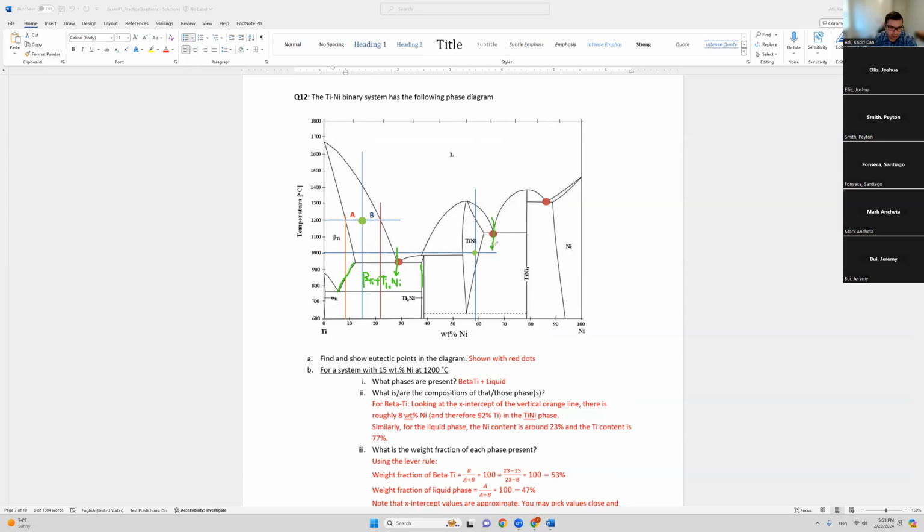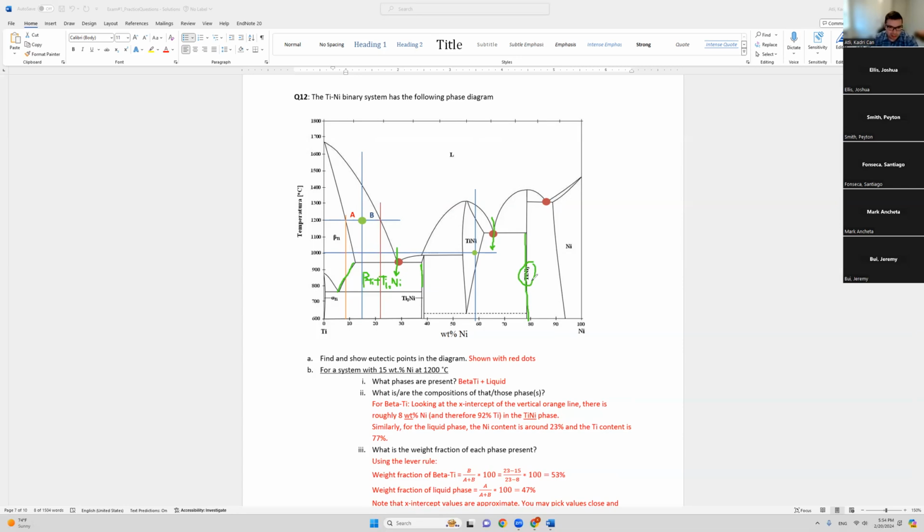Here we have liquid transforms to titanium nickel plus titanium nickel 3, which is an intermetallic shown as a straight line, which doesn't have a region. It's shown with a straight line, which means you can only have this composition at a single composition.